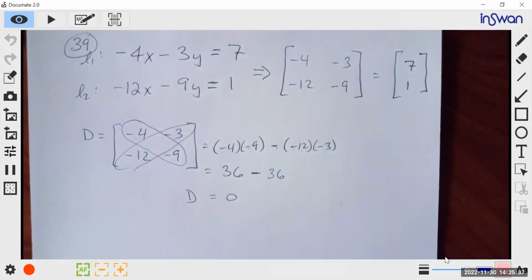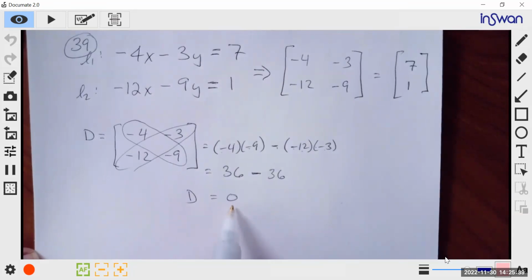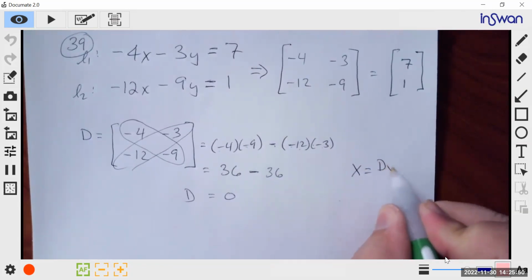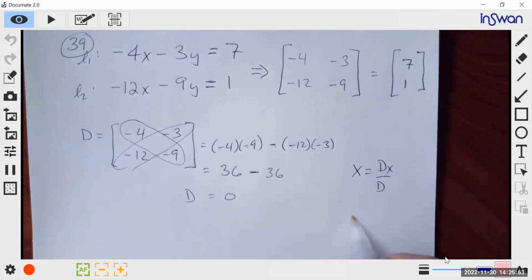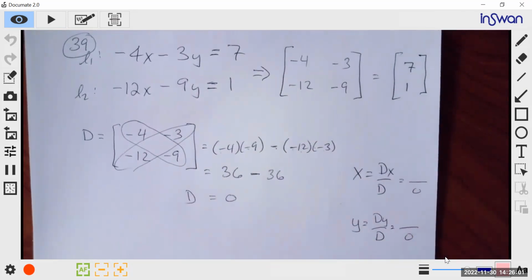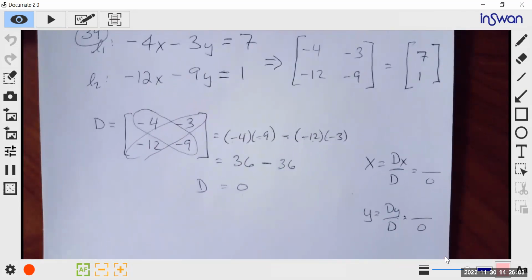Okay, so now because D is 0, that tells us there's no solution. Because to find x, we have to find dx over D. To find y, we have to have dy over D. But if D is 0, you can't divide by 0. Since there's no solution, that means the lines are parallel.